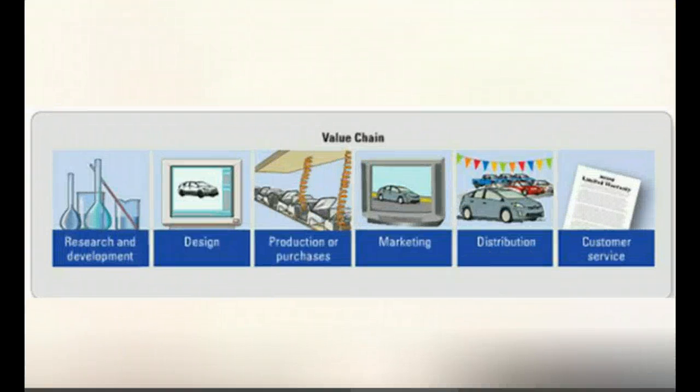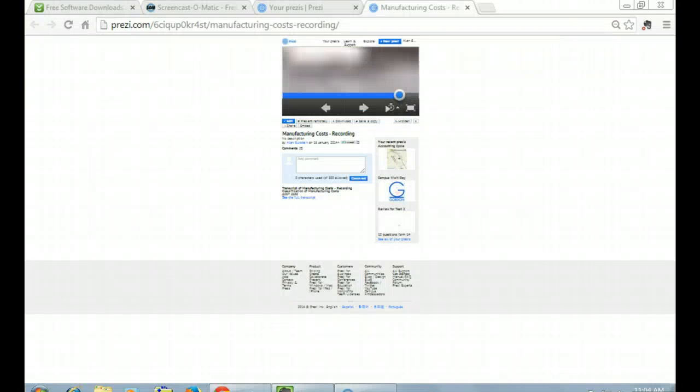As we said at the start, the inventoriable product costs, the costs we've just looked at, are all part of this element of the value chain, production and purchases. That's all we've been talking about here is inventoriable product costs, costs in production and purchases. These are not costs which appear anywhere else on the value chain.